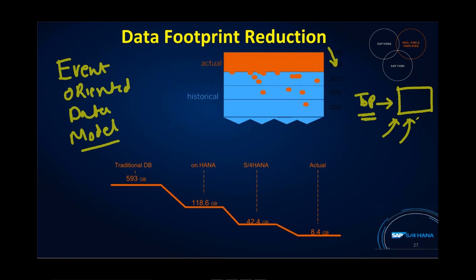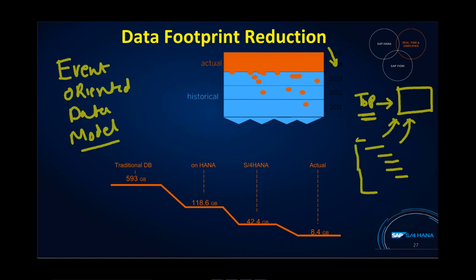You will still see a lot of tables in the HANA database, like tables related to configurations and many other tables which don't have much impact on our database performance. Those tables remain as is.